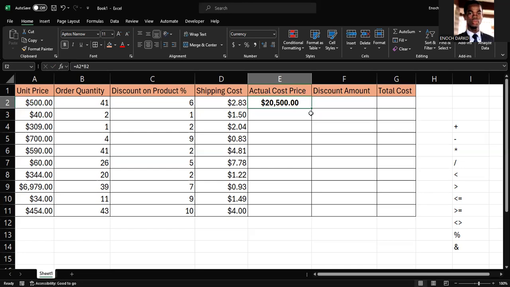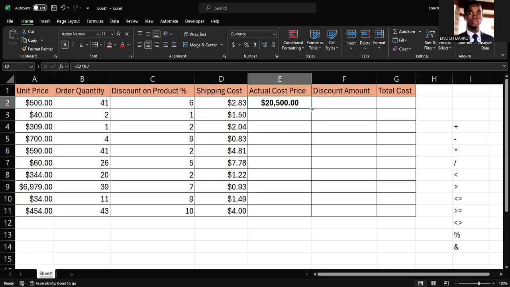Because this reference was relative, when I drag downwards, it's supposed to copy the formula downwards and give me my answer. So you can visit my video on formulas and functions, types of cell referencing, to familiarize yourself with this.